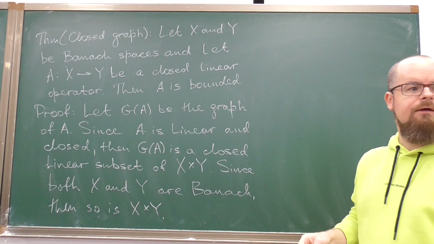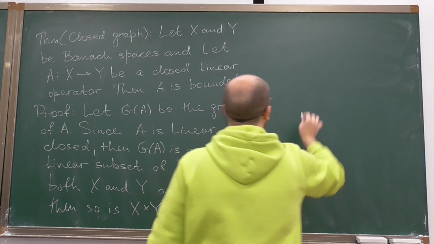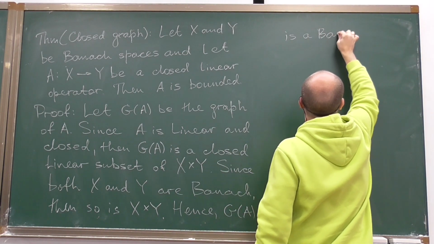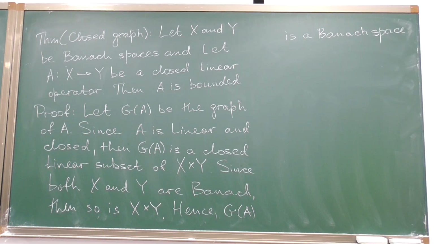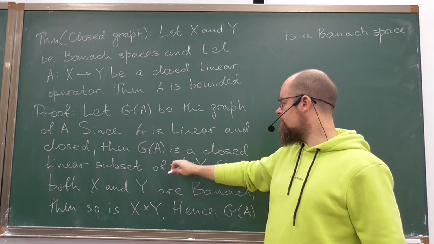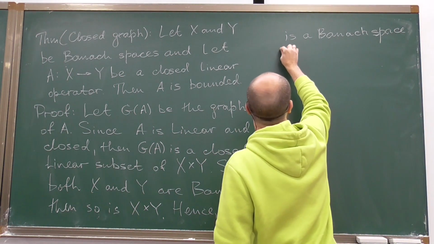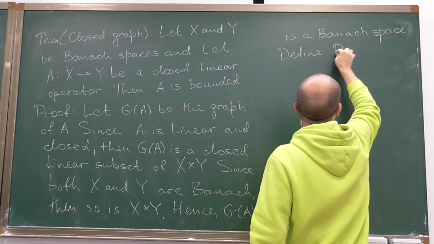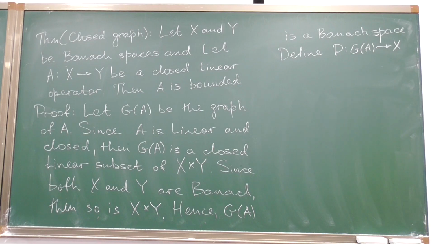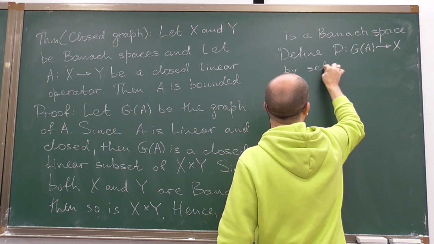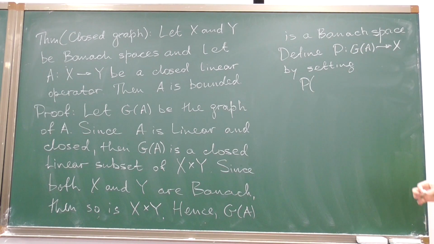Hence, this graph of A is a Banach space as well. Let us now define an operator from the graph G of A to X, which will be a projection onto the first coordinate, onto X. So define a projection from the graph onto X. The elements of the graph are pairs, x and A of x.